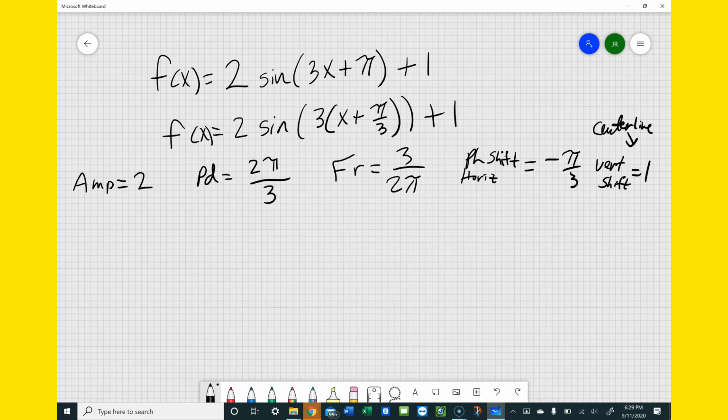Okay. So we've got all the information, but there's a process we need to go through for this graph. Here is kind of part of that process. Might be kind of confusing at first, but the starting point is the phase shift.